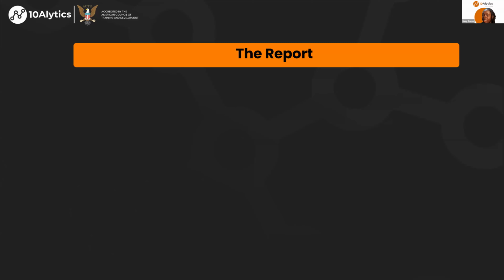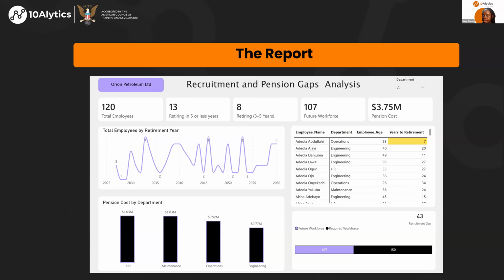We're taking our data set and transforming it into this simple but very impactful dashboard, where we predict the retirement gaps over the years, and look at where employees are leaving and how long it will take before those employees actually leave the company.